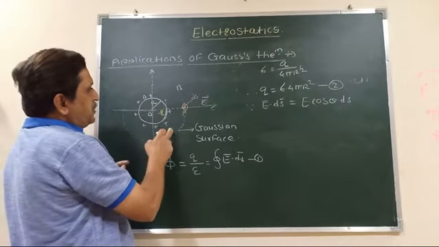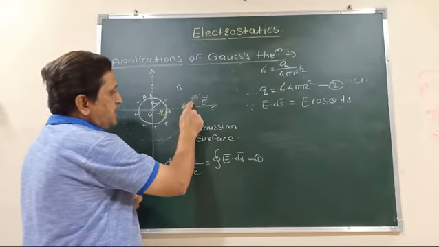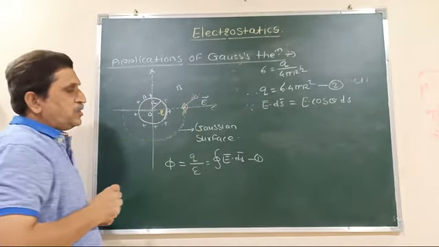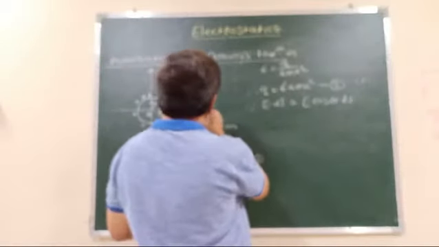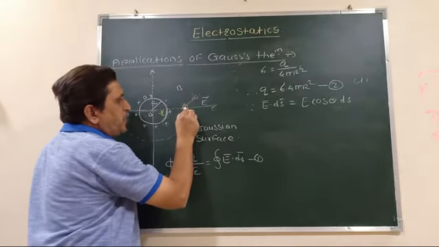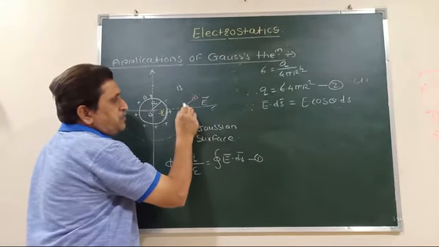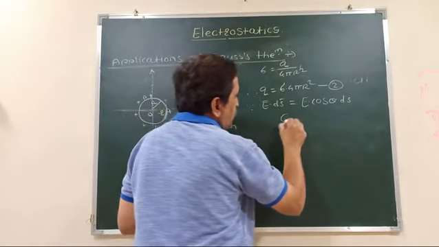Now, for this figure, since it is uniform in shape, the area ds is always perpendicular to the direction of electric intensity. Here, electric intensity at every point on area ds is the same. Therefore, we can say that theta is equal to 0.